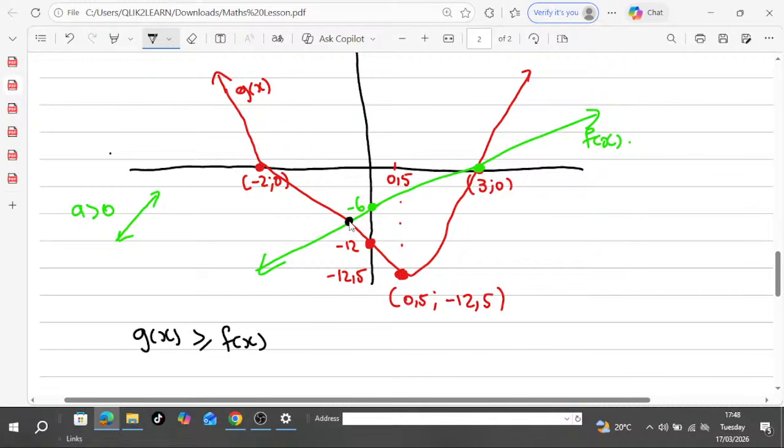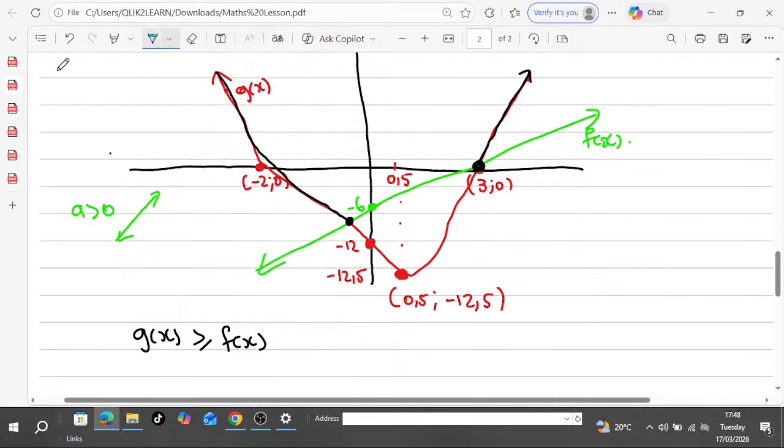As you can see, from this point here going up, that's my g of x, which is above f of x, and from this point here going up, g of x is above f of x.